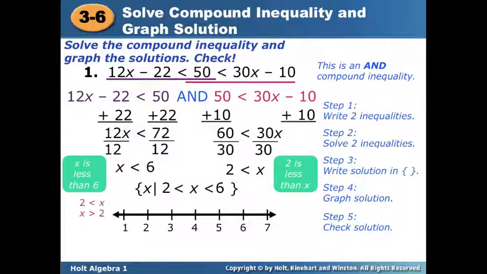Now is when you may want to switch around the inequality. We solved that 2 was less than x, but to graph it by looking at the arrow, remember we learned that our variable must be on the left. So if you need to flip this around to know how to graph it, feel free to do so.